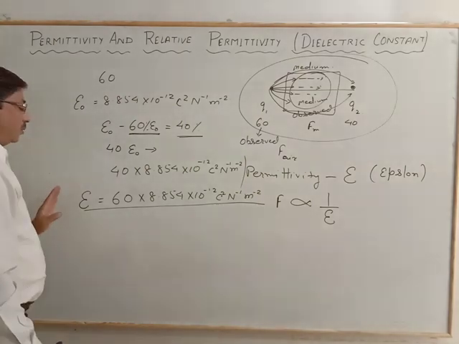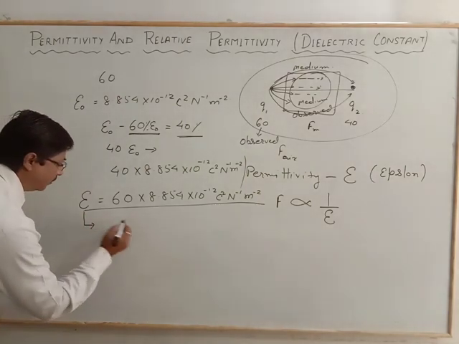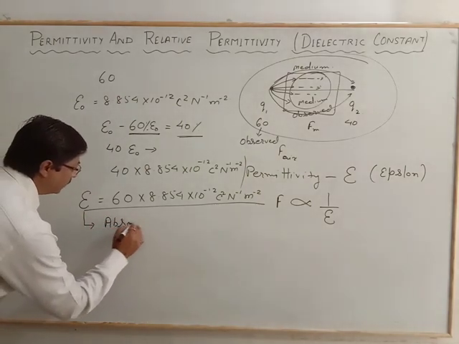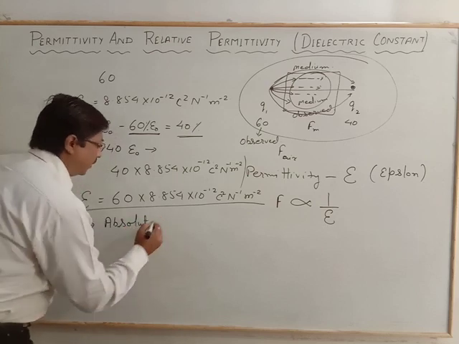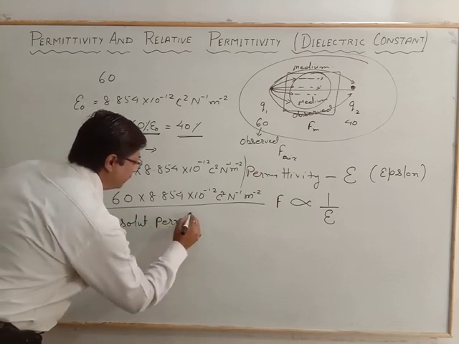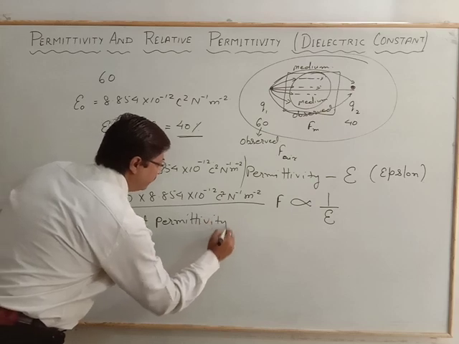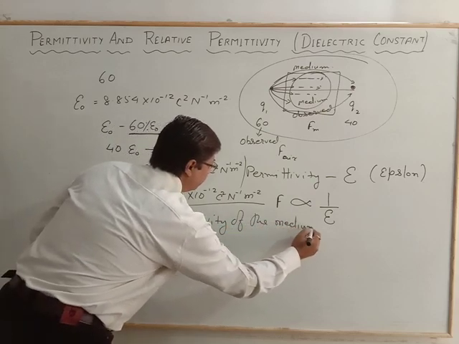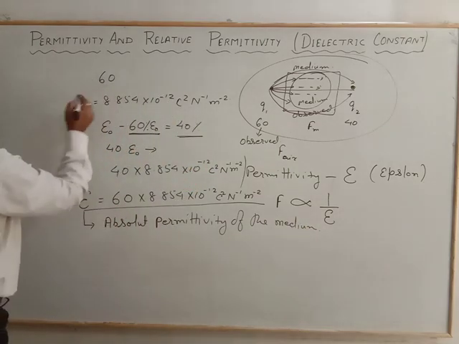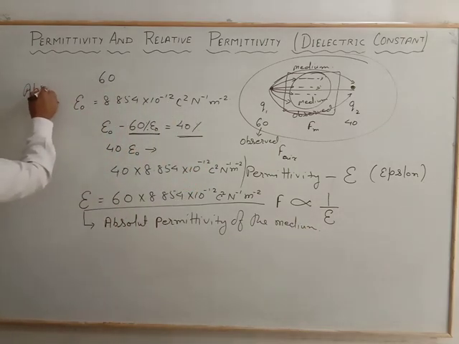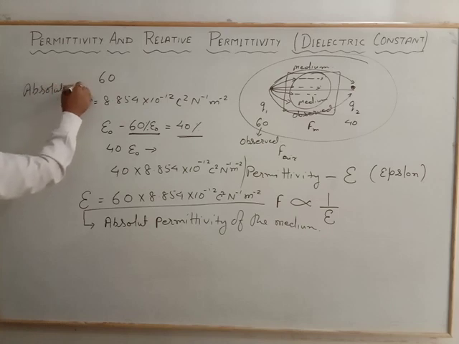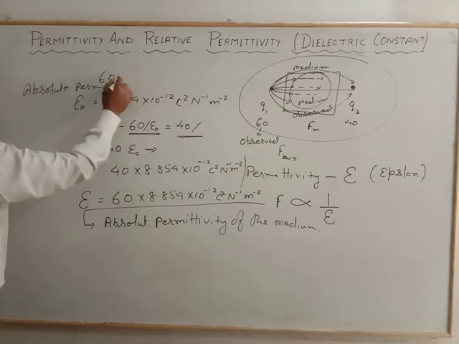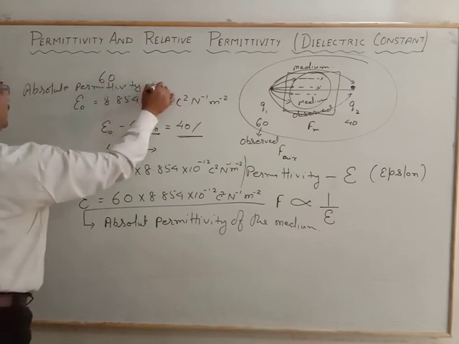So we come to know that this becomes the absolute permittivity of the medium, whereas epsilon naught is the absolute permittivity in air.